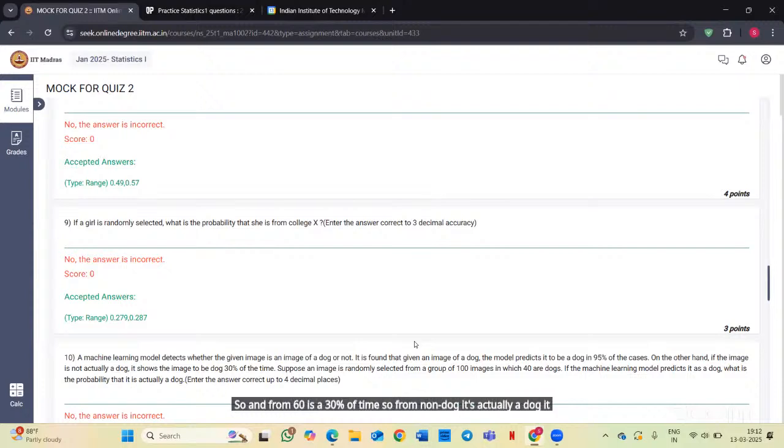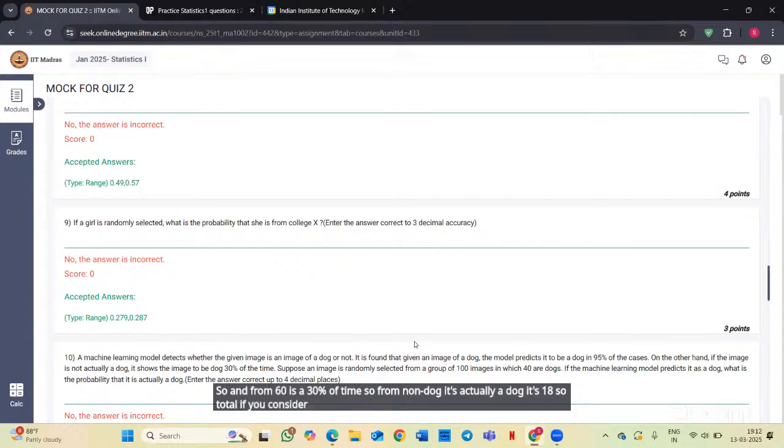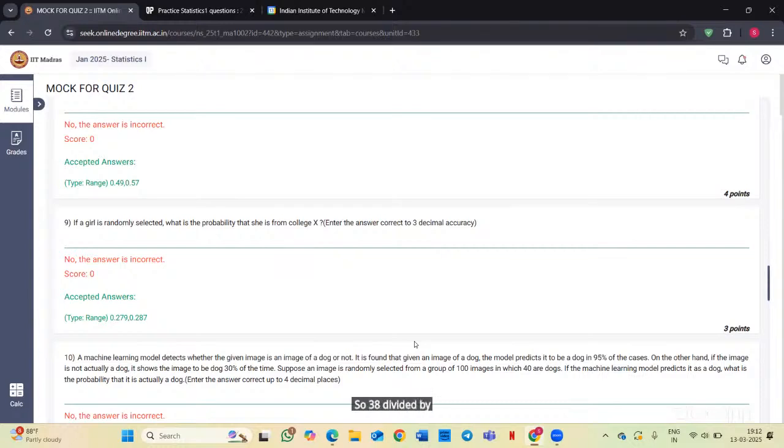So in total out of 100, 56 are predicted as dogs. Out of 56, there are actually dogs, it's 38. So 38 divided by 56, whatever it comes to, that will be the probability.